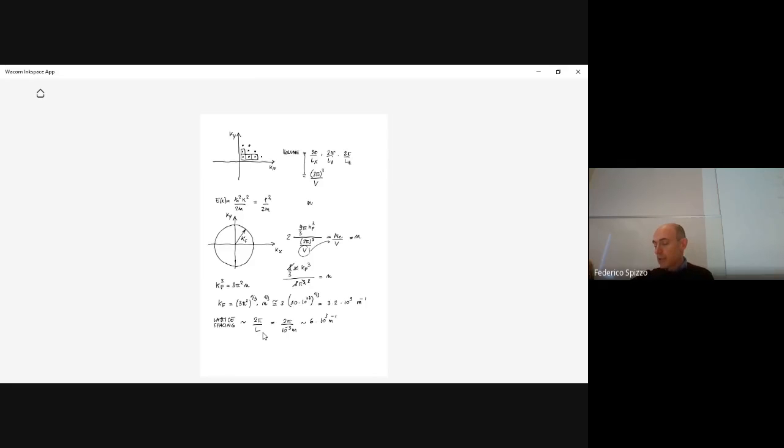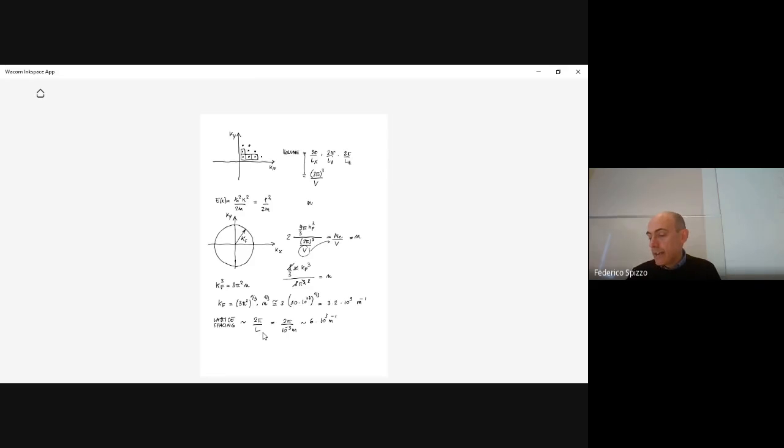And this range of variation, in particular Kf, is much larger with respect to the lattice spacing. So the main conclusion is, yes, the lattice is discrete, but all the quantities that I will evaluate for the lattice can be considered to be continuous quantities.